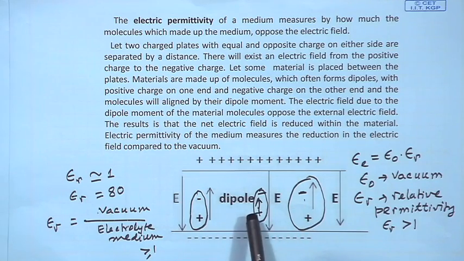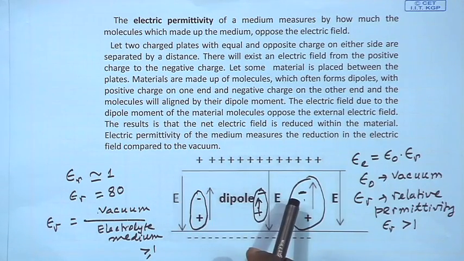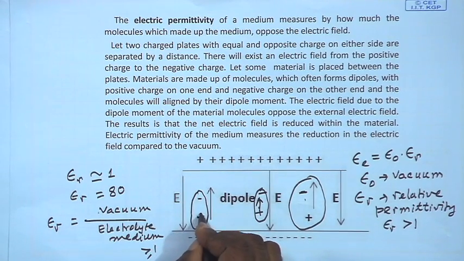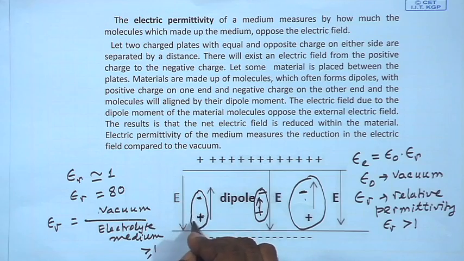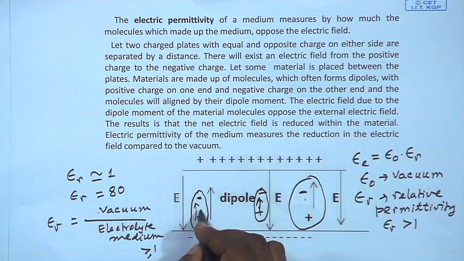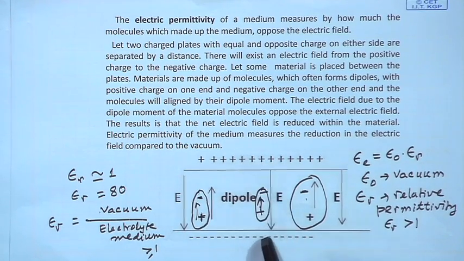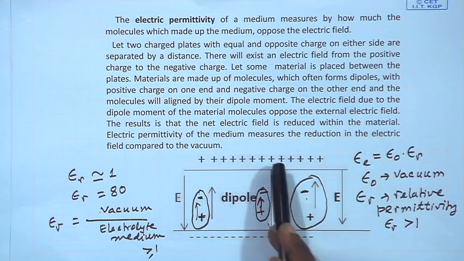Each molecule will form a dipole to oppose the electric field, so they will arrange themselves as minus, plus. So, there will be an electric field induced by these dipoles, which opposes the electric field developed by these charges.